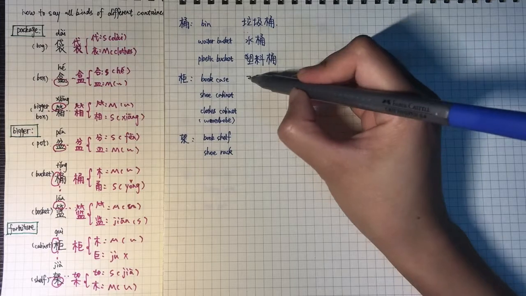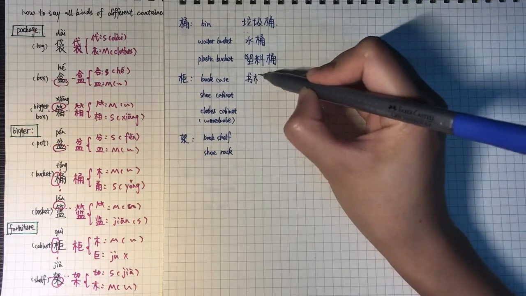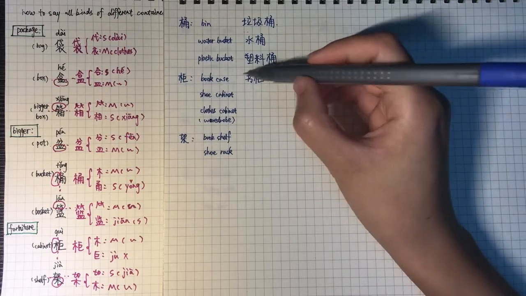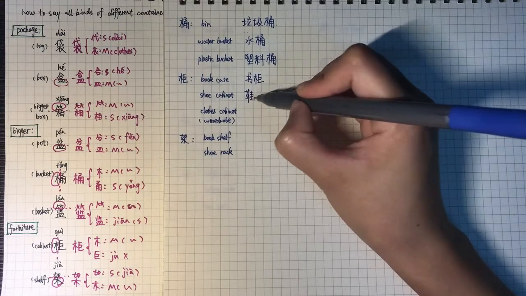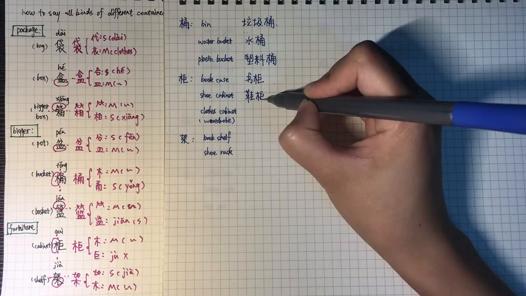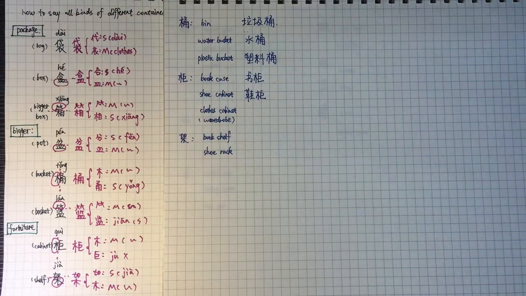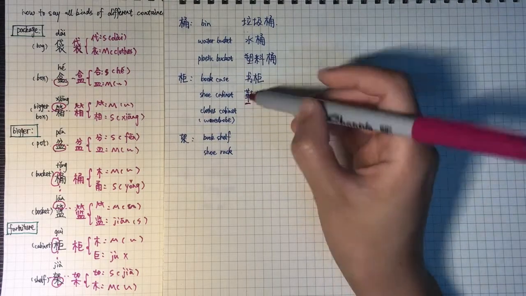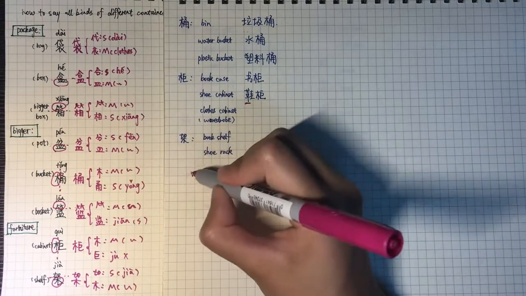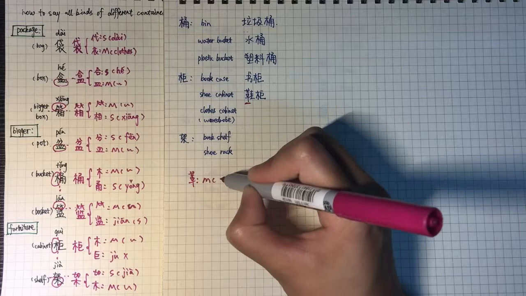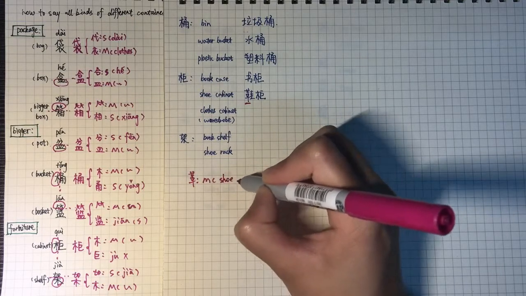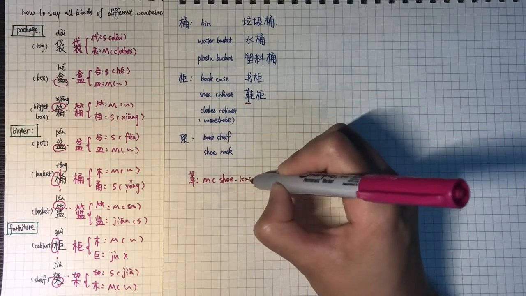Bookcase, 书柜. Shoe cabinet, 鞋柜. And 鞋子, this one. The meaning radical is related to shoes, leather related.